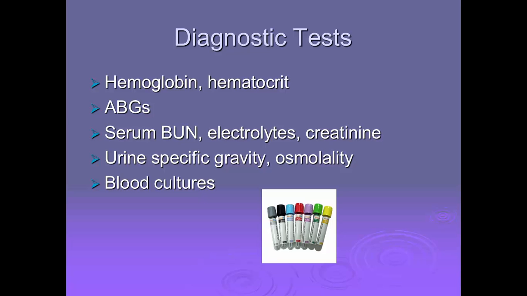Your arterial blood gases are done to determine oxygen and carbon dioxide levels as well as pH. The effects of shock and the body's compensatory mechanisms can cause a decrease in pH, and that puts them in that acidotic state. They may have a decrease in PaO2 and in the total oxygen saturation and an increase in their PaCO2.